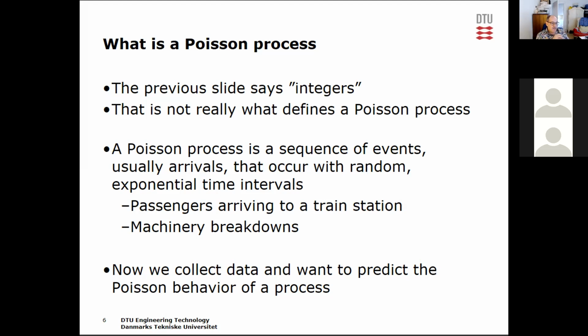There are many such processes: passengers arriving at a train station, machinery breakdowns, failures of transport equipment, motor failures, dead batteries on cars. What is the probability that tomorrow morning there will be 20 cars in Copenhagen that have a dead battery? Right? It's random.